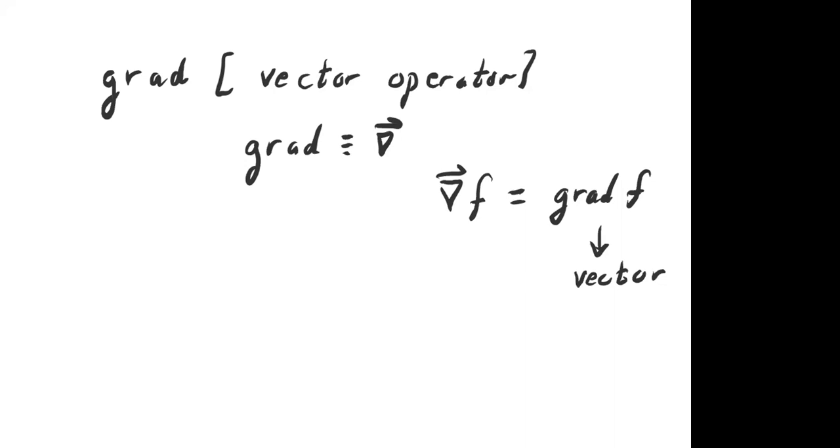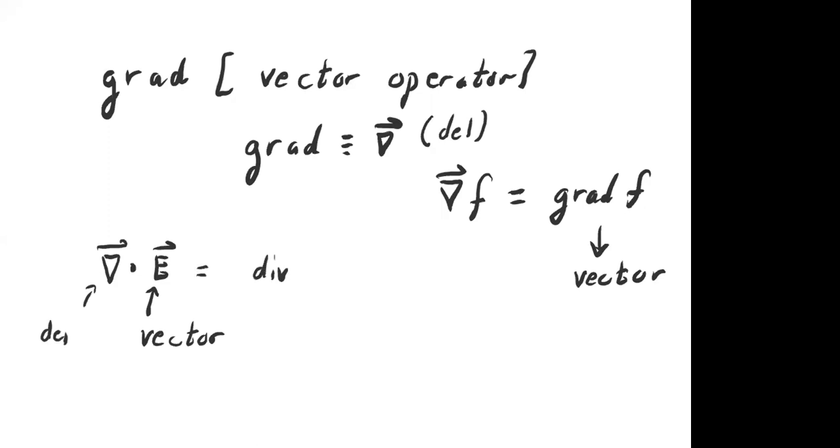You can also take del, so this thing has the name del, and you can act on a vector, E. And you may say, well, is that the electric field? It doesn't have to be, but we'll look at this later. And that is the same thing as the divergence of an electric field. And this creature must always be a scalar.